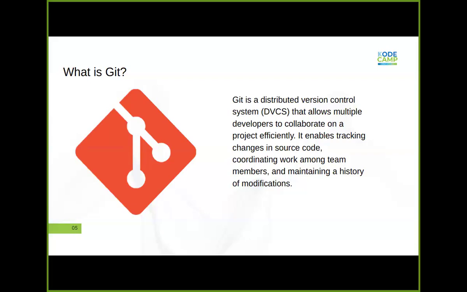Now, once you integrate Git into your code base, basically, whenever you make a change, for every little change you make to that code, it tracks the change and stores it.